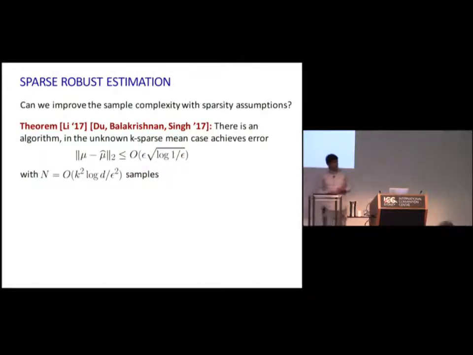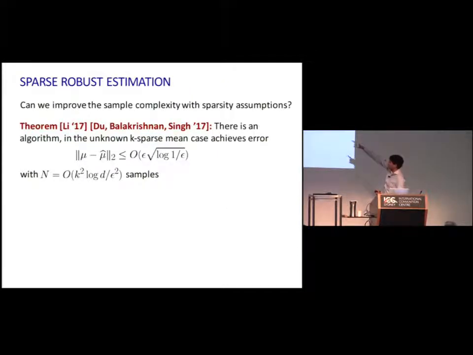So you can ask other questions like, we know, for example, in high-dimensional estimation, that sparsity plays a major role in reducing the sample complexity. So what happens when you combine sparsity and robustness? Some work of Lee, Du, Balakrishnan, and Singh showed that in the case where you're trying to estimate the unknown mean mu, but you're promised that it's k-sparse, you can do much better.